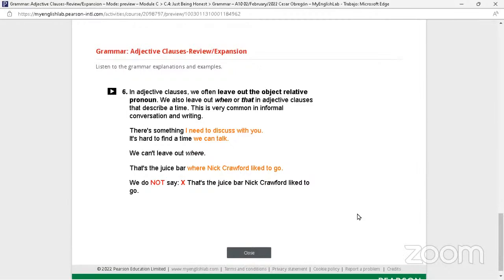Either you use relative pronouns or you don't use them, you leave them out. It's up to you when you're making your own writing. But when you are being tested, you need to be able to identify the differences. Yes, a lot of people tell me this. So let's do some work.